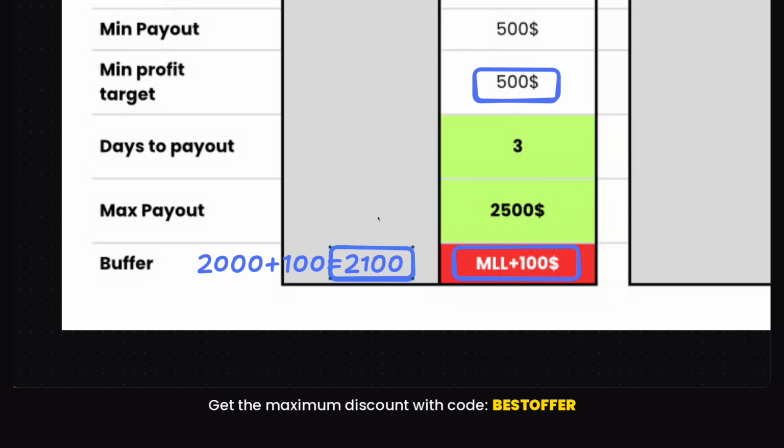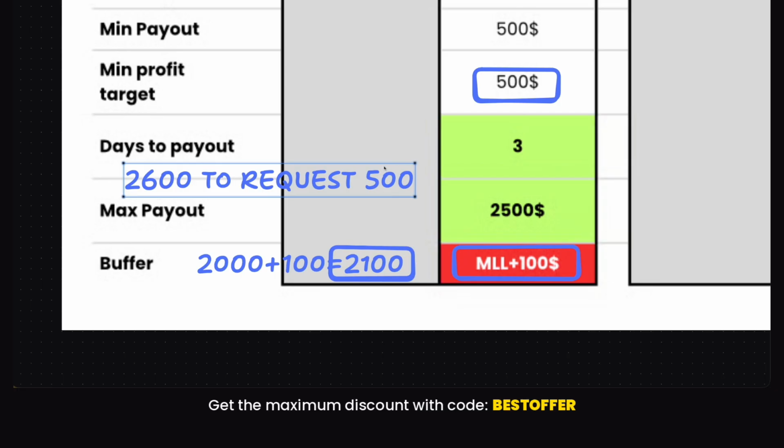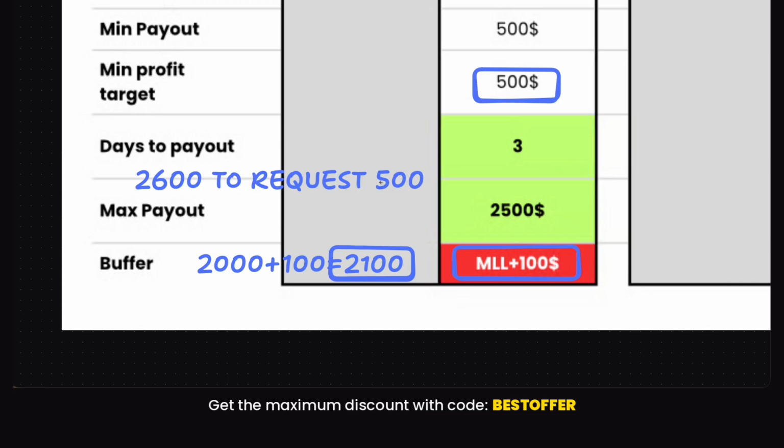So to make your first request, you need to make at least $2,600 to request $500, right? So I think that this is the big problem of this plan, so I would not recommend it.